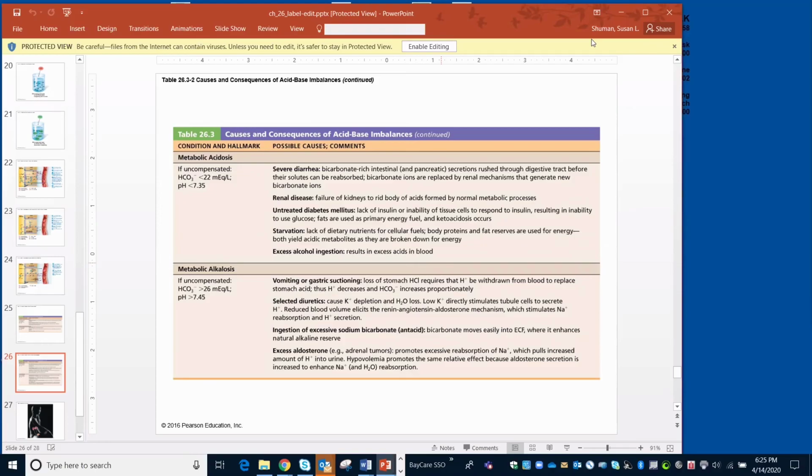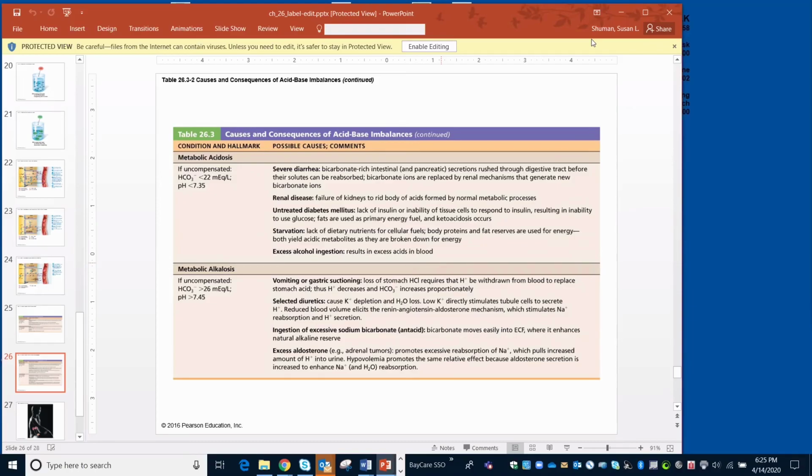Okay, so how would I lose bicarb? Well, diarrhea would be a great way. I lose bicarb when I have the runs. So you get some poor person who's got diarrhea going on and they can go into metabolic acidosis.